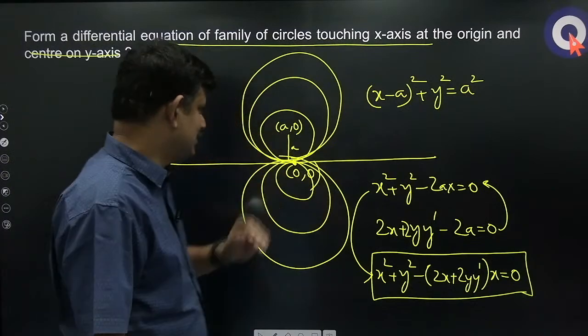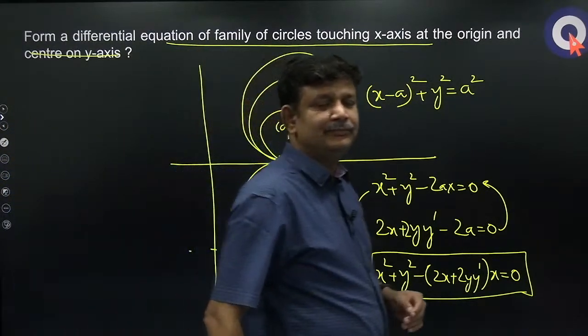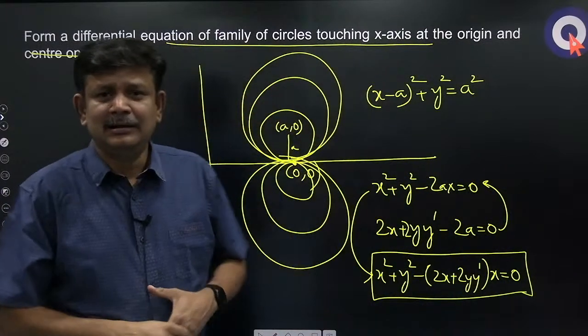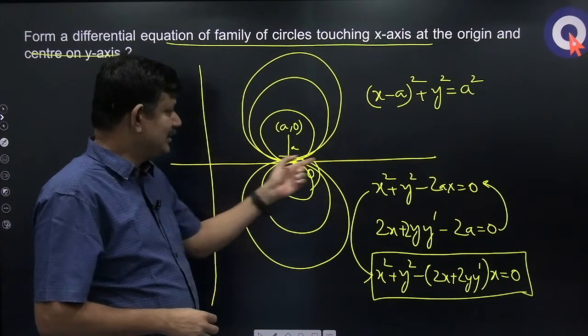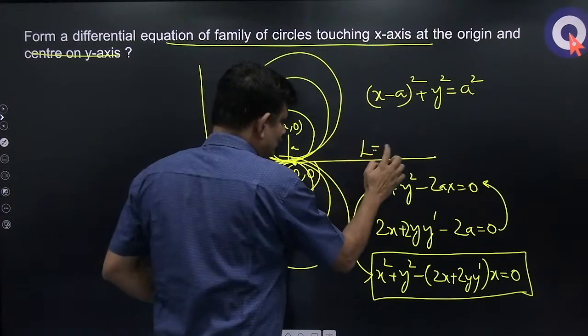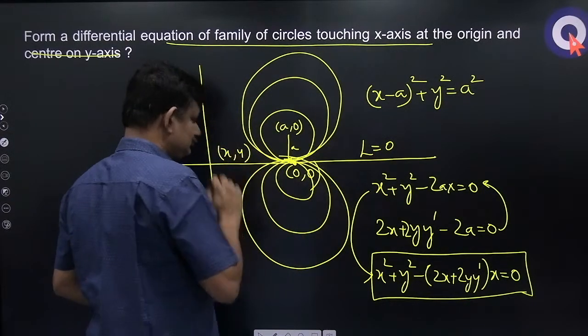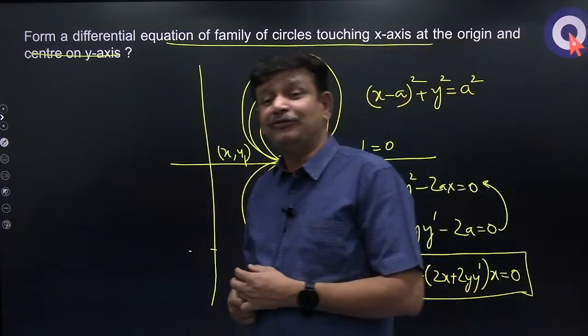As simple as that. Now we could have done this in a better way also. How? Whenever you see the equation of a circle touching a given line, L is equal to 0, at a point (x1, y1), go to the concept of family of circles.